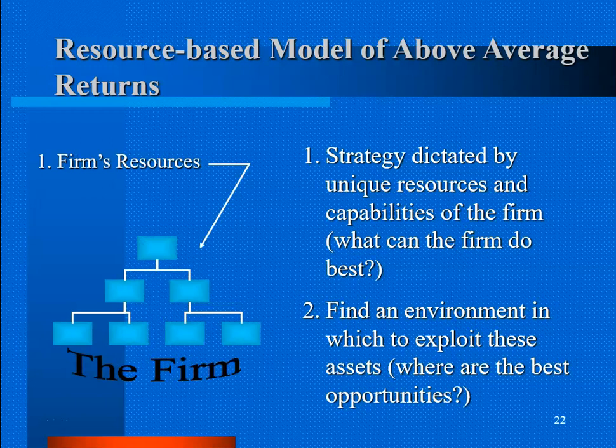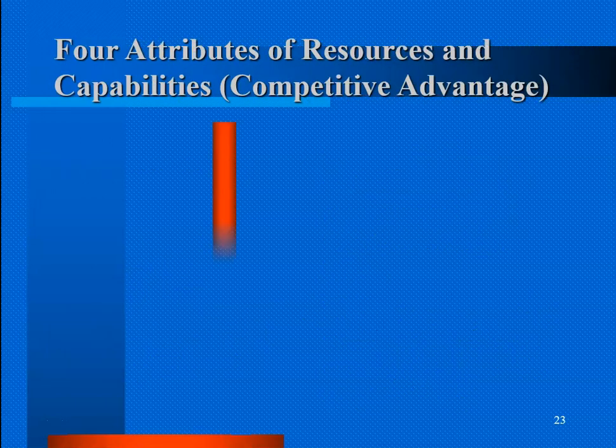What can the firm do? You have to find an environment in which to exploit these assets. Where are the best opportunities? So based on the resources and capabilities that the firm has, where can we find the best opportunities to use or implement these resources and capabilities?